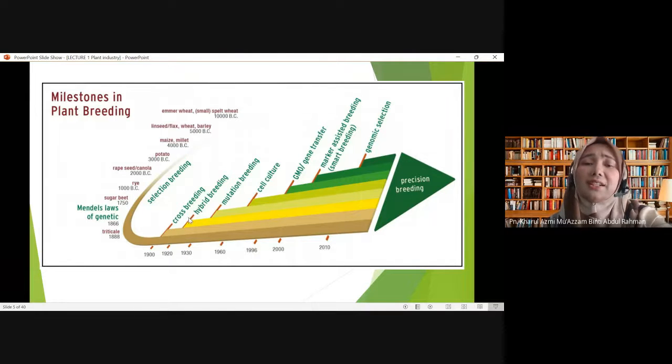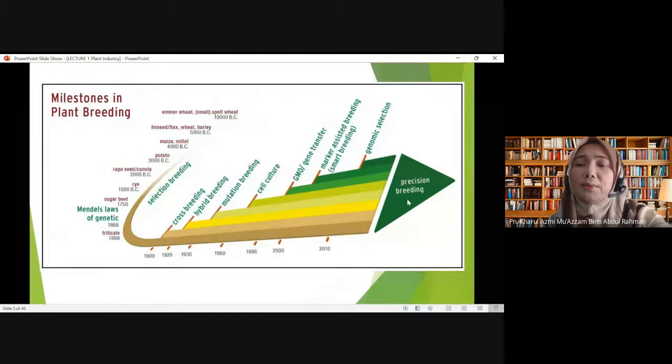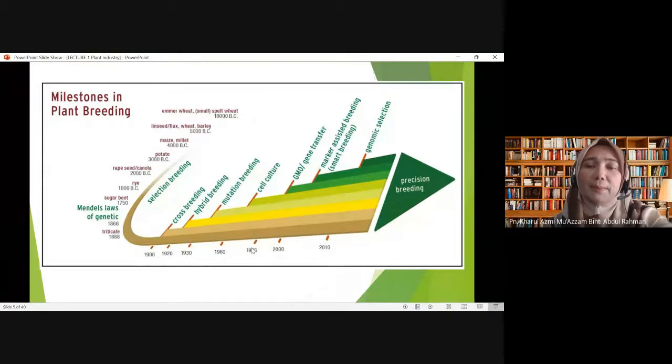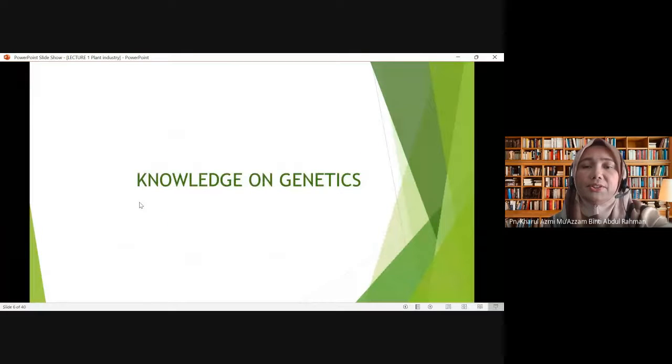So we start with cross breeding, followed by hybrid breeding, mutation breeding, until now we have the precision breeding. This is a historical view of how plant breeding evolved ya, macam mana dia berkembang daripada zaman dahulu sampai sekarang.